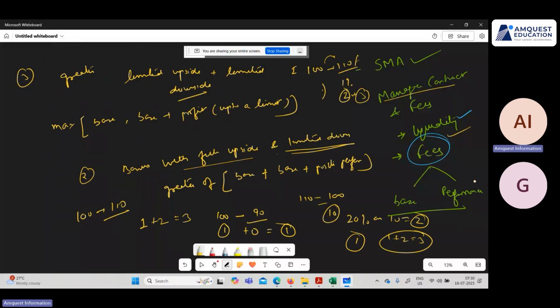So the point I'm trying to make is that they say, okay, I'll give you 20% profit, but just like your cashbacks on Swiggy, 50% cashback up to 75 rupees. You're ordering food worth 500 rupees, and it gives you 50% off, and you say, oh, 250 will be the price.